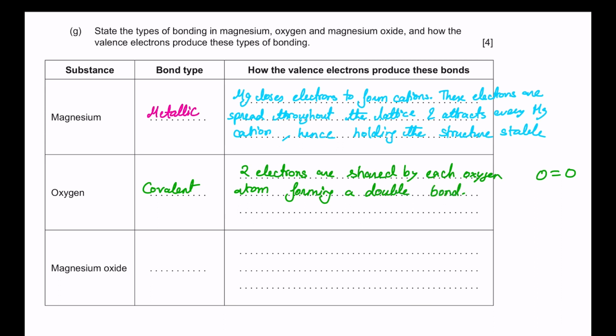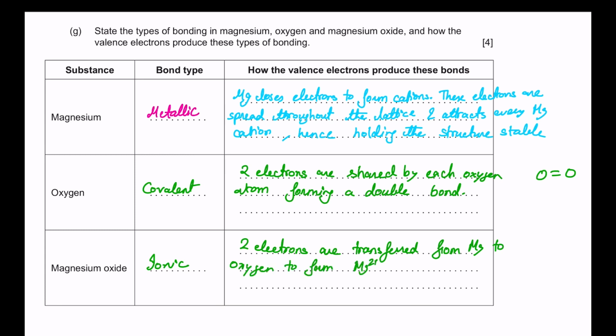Okay. Now magnesium oxide, MgO. There is an ionic bond between Mg2+ and O2- ions. So the bond is ionic. How is this ionic bond formed? So basically, two electrons are transferred from Mg to oxygen to form Mg2+ and O2- ions.